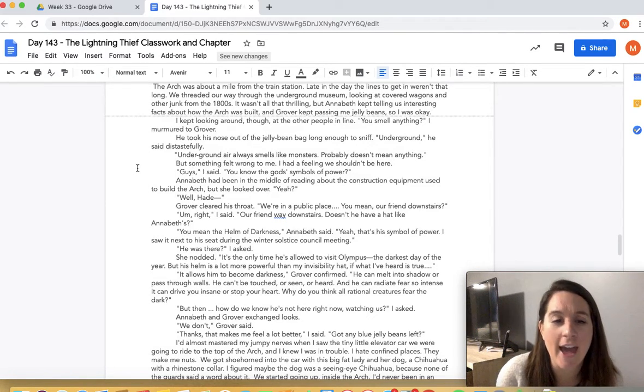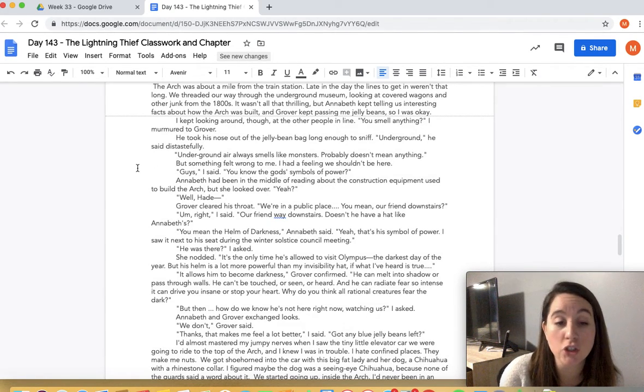Doesn't he have a hat like Annabeth's?" "You mean the Helm of Darkness?" Annabeth said. "Yeah, that's his symbol of power. I saw it next to the seat during the Winter Solstice Council meeting." "He was there?" I asked. She nodded. "It's the only time he's allowed to visit Olympus, the darkest day of the year. But his helm is a lot more powerful than my invisibility hat."